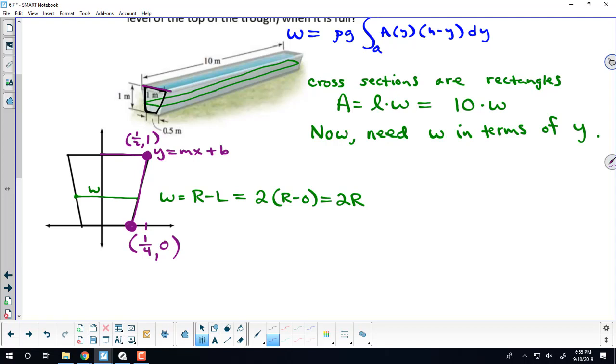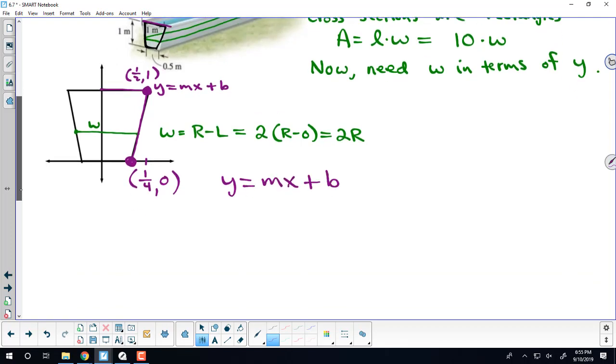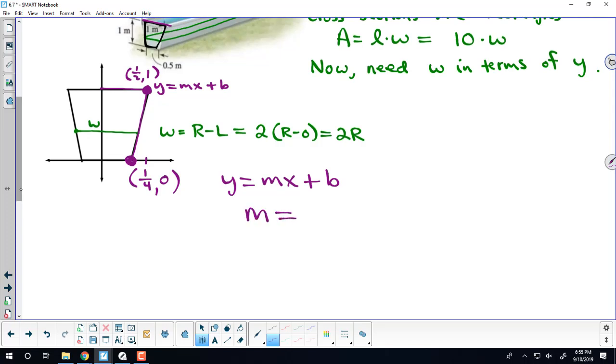We'll just do this down here. y equals mx plus b. Find the slope. So what's the slope of that line? What is it? 0.25.